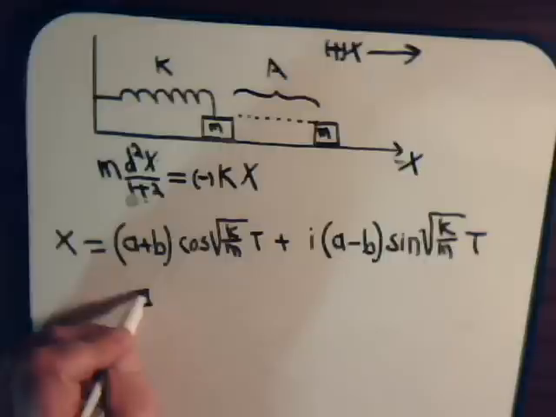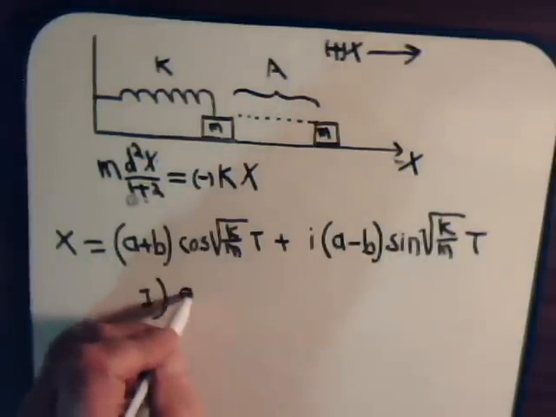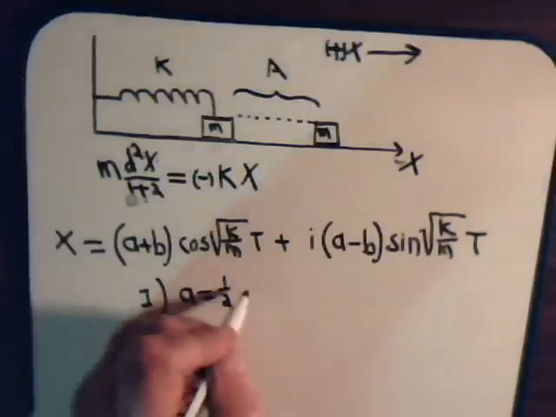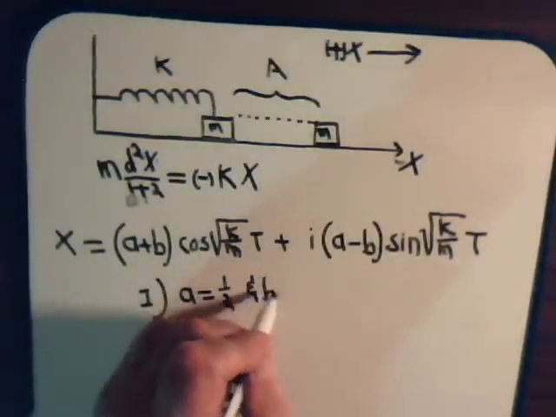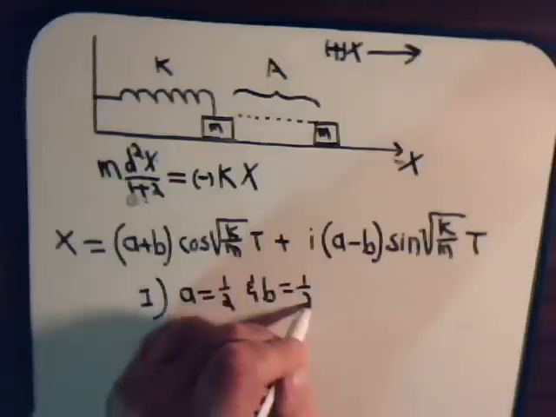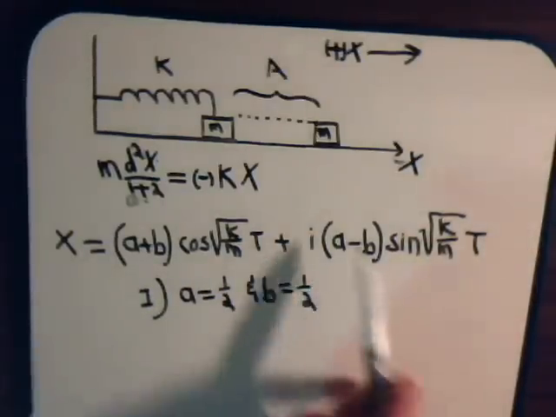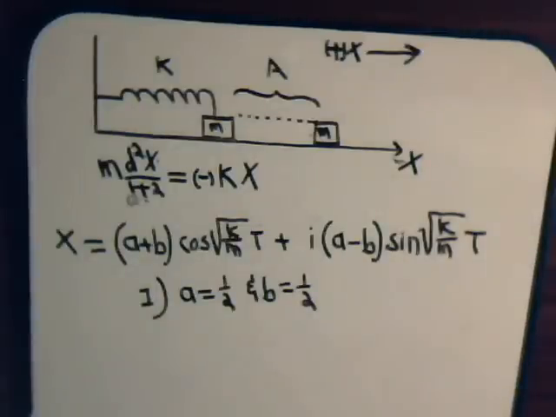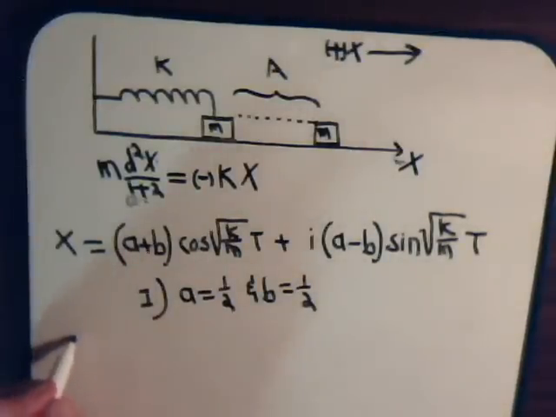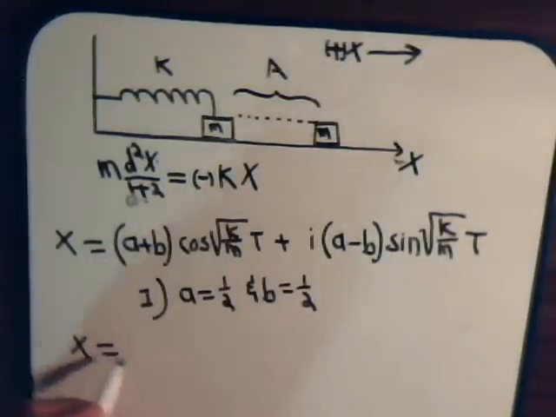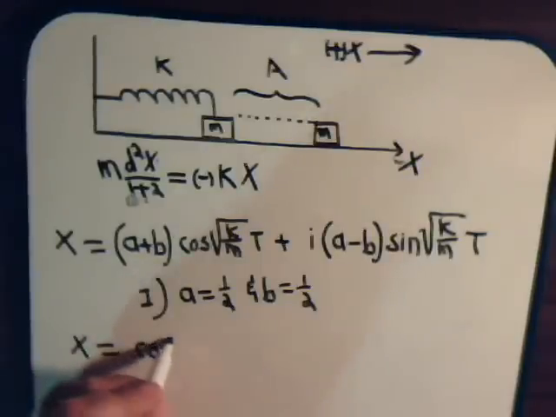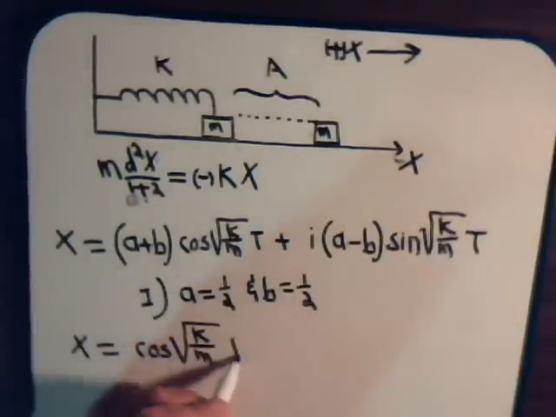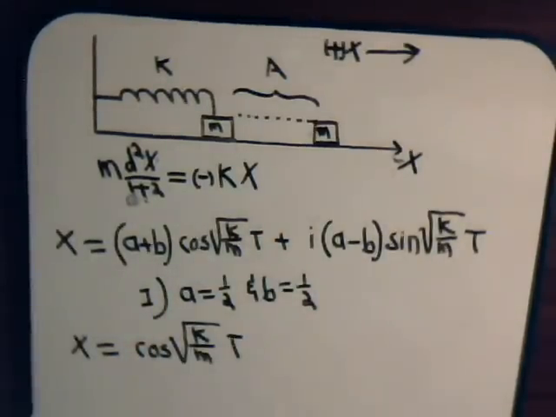Step 1: what if we have a equals 1/2 and b equals 1/2? a minus b is going to be 0, and a plus b is going to be 1. So we can say x equals the cosine of the square root of k over m times t. That's one solution.